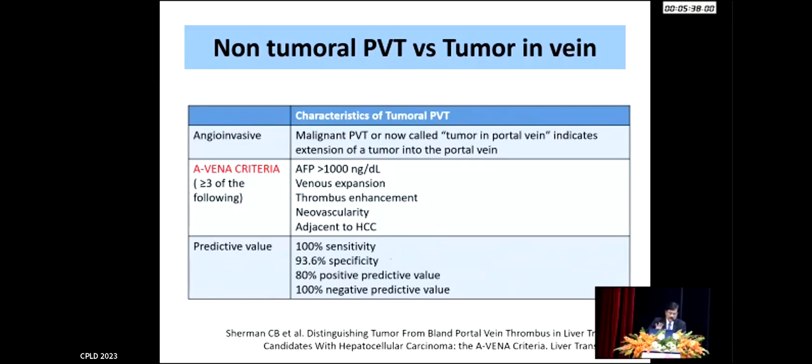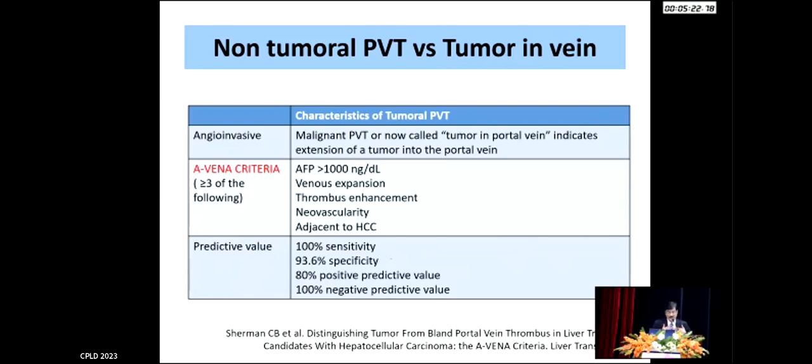If 3 out of these 5 criteria are present, then you can say it's a tumor thrombus, with 100% sensitivity and 90% specificity. And if these criteria are not fulfilled, then you can say that it's a 100% negative predictive value. So this we are all aware.